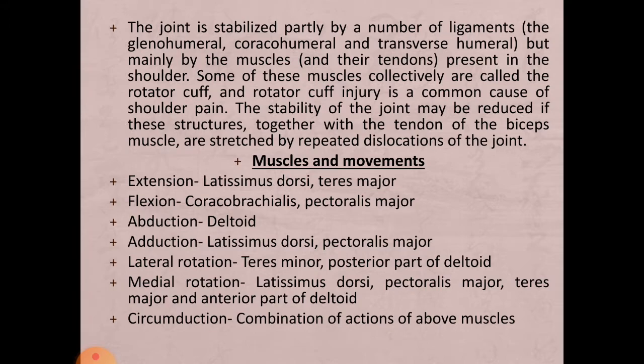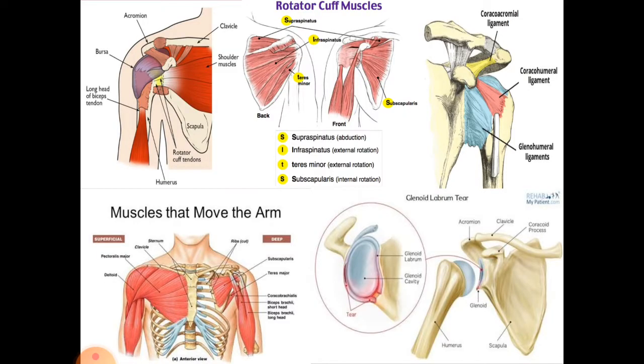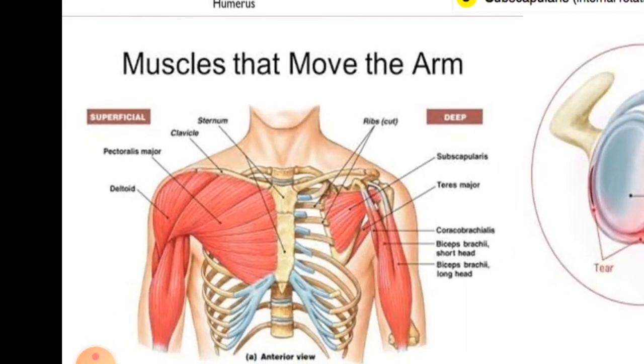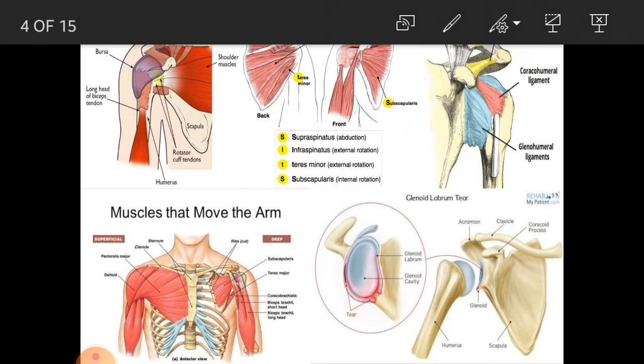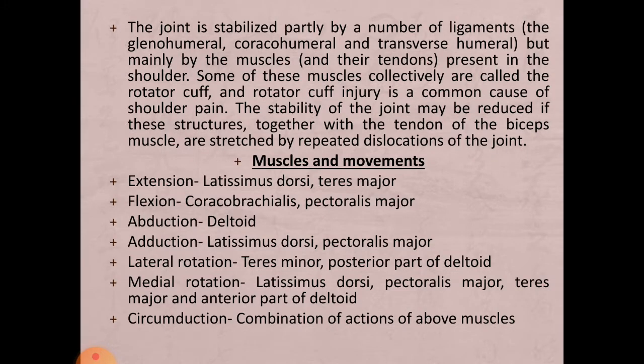Next we have the abduction, and the abduction is caused by the deltoid muscle, which is a superficial muscle. Next we have the adduction.